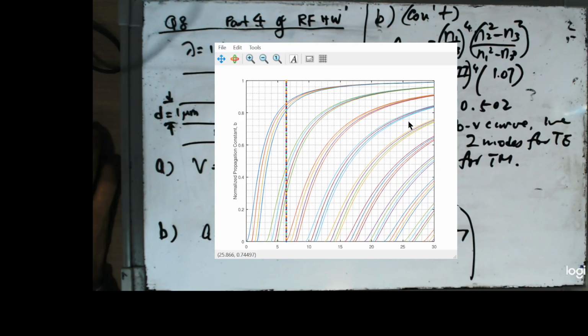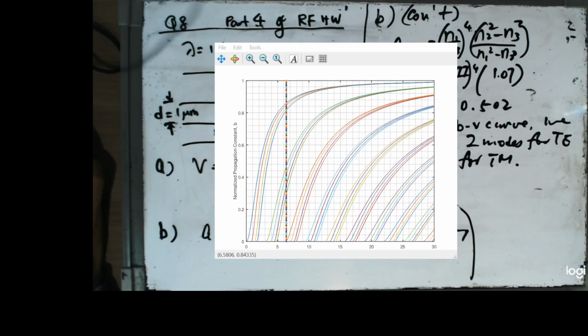Now in part D, we need to calculate the propagation constant. So my suggestion here is we use the asymmetry factor to locate the exact value of b.